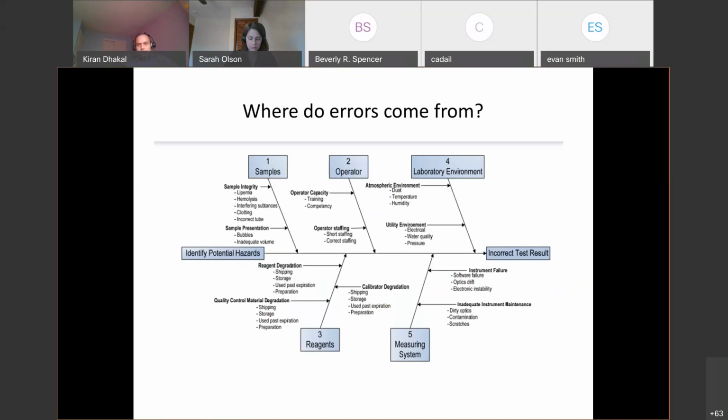It can come from the laboratory environment. Not all the analyzers, all the instruments behave the same way when there is a fluctuation in laboratory ambient temperature and other things. The quality of the reagent is also important, and the other factor, the measuring system, your mass spectrometer, how calibrated it is, how well maintained it is. All these factors add up to the incorrect test result.